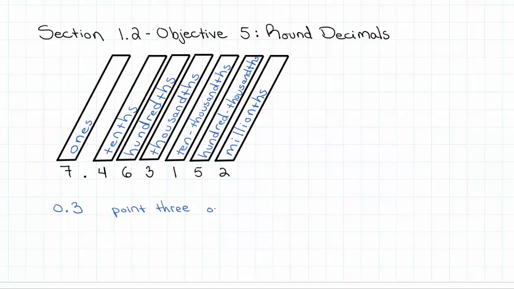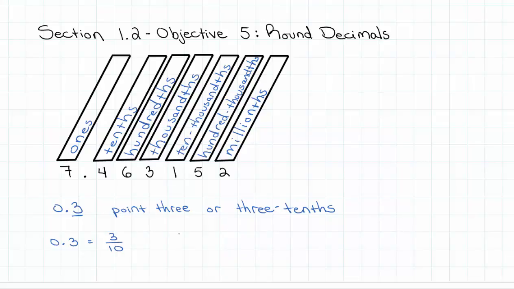Or we could also say 3/10. So that means that zero point three is the same as 3/10, because this 3 is in the tenths place.